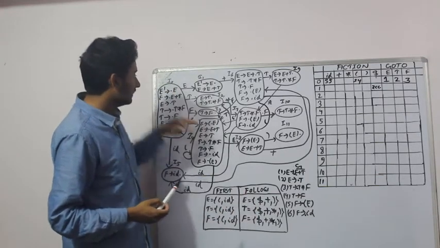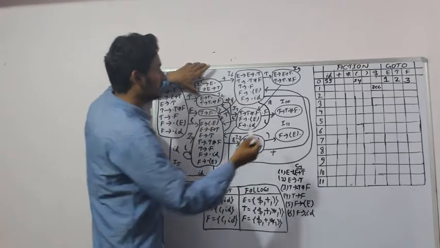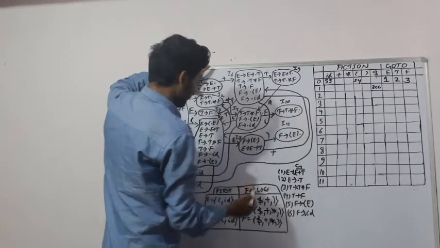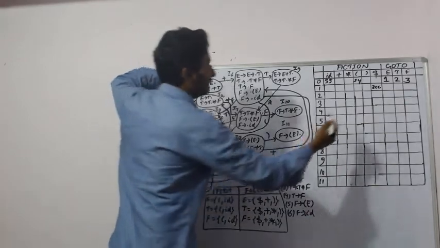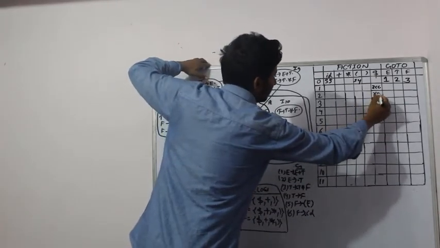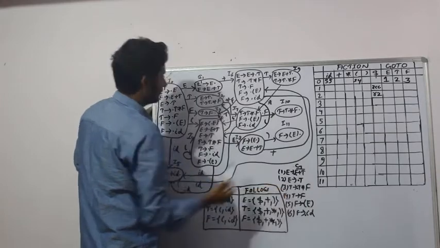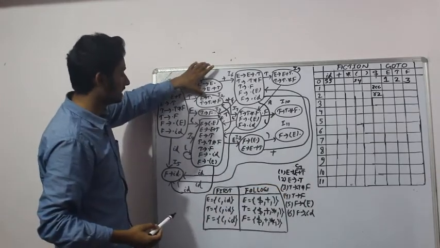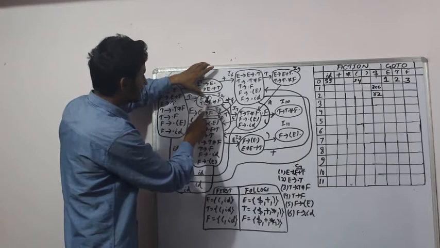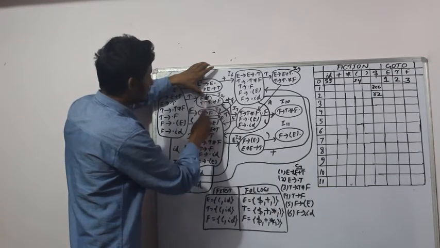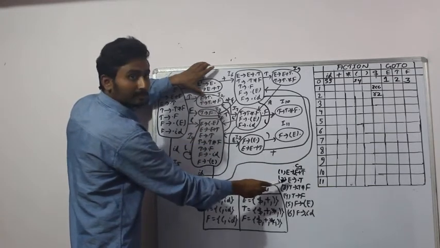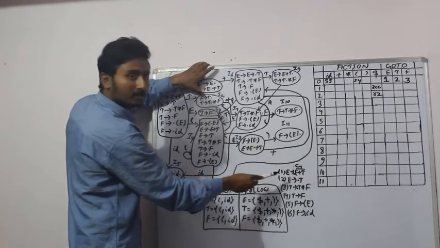So in state 2, for dollar we will perform the reduce operation by this production, because E derives T, and this production can be reduced to production number 2 of your grammar.